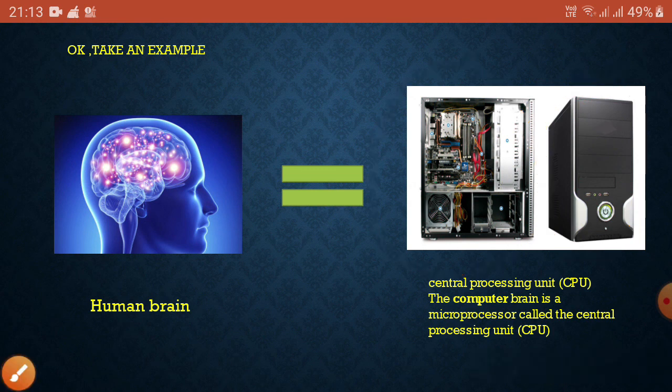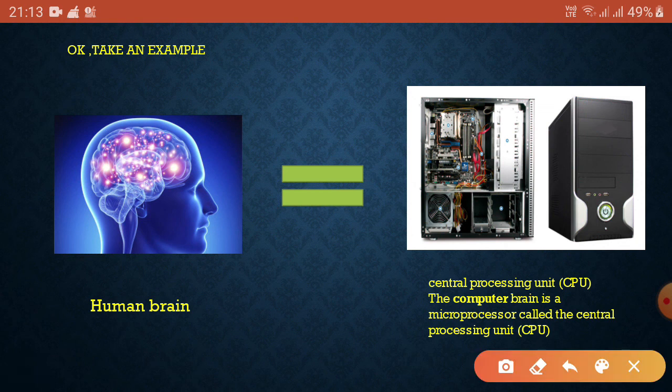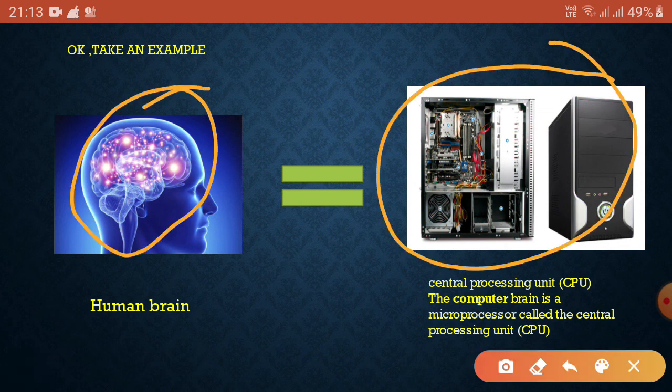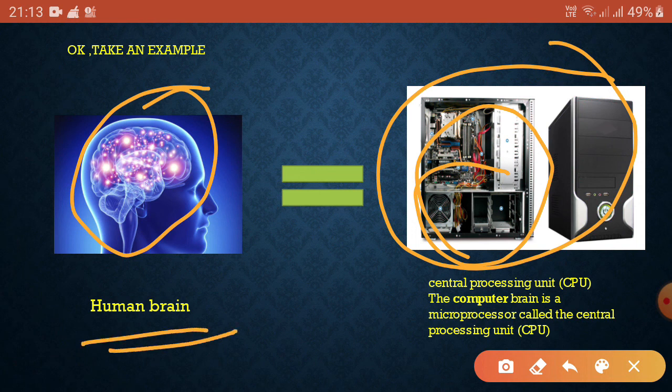Basically, the human brain is similar to the computer CPU. Not the CPU cabinet, but what is inside the CPU cabinet, that is the main CPU or the Central Processing Unit. So the human brain equals the Central Processing Unit in the computer.